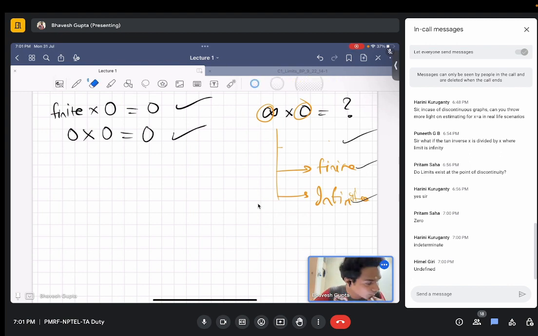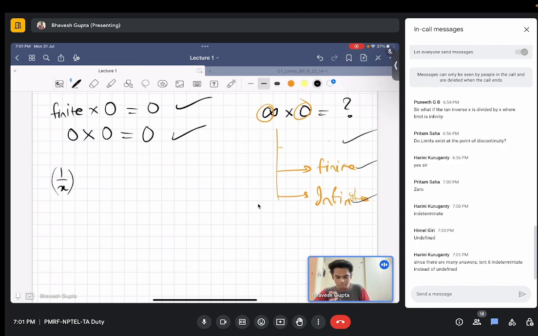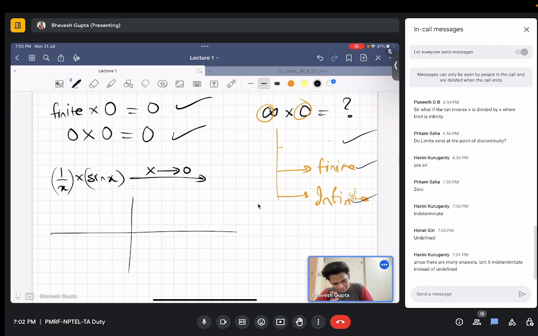Can I give you an example of this? Yeah, I can give you one example. For example, 1 over x, and let's say into sine of x. I just want to understand what happens at x equal to 0. I just want to understand the behavior of this function. I can draw the graph of the function.